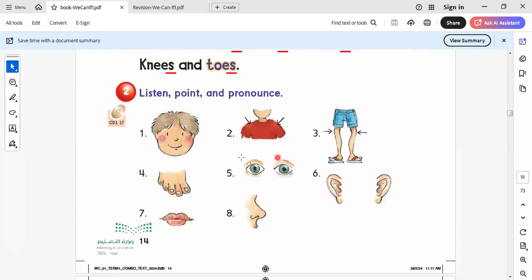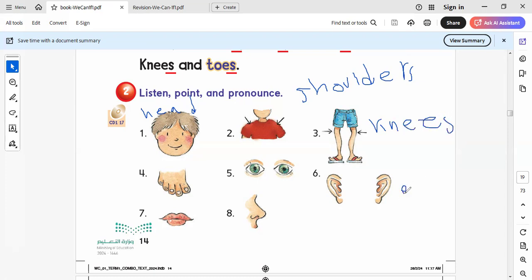Listen, point, and pronounce. Here is head. You say head. Here is shoulders. I say shoulders. I'll write it for you, okay? Here is shoulders. Here is knees. Here is ears.